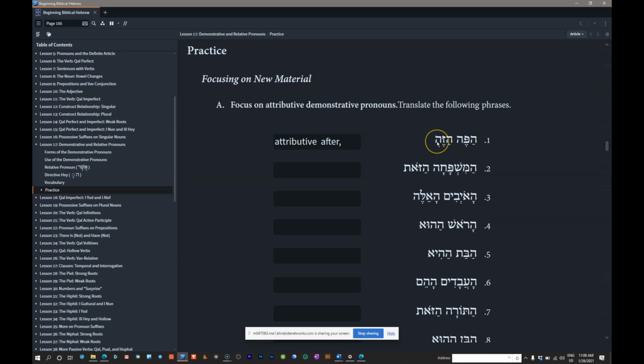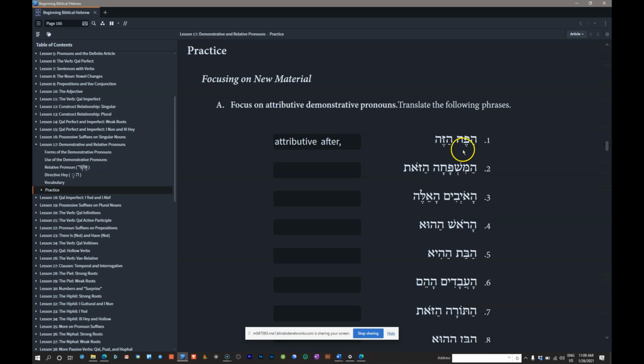So again, just like we talked about with the adjective, when we look at the demonstrative, here we have ze as our demonstrative, we're going to be looking for the same types of clues that we looked for with the adjective. If the demonstrative and its noun agree in definiteness, that is, usually if the demonstrative has the article, it's going to be attributive. Also, just like the adjective, the attributive demonstrative is going to tend to come after. So the attributive will usually come after the noun.